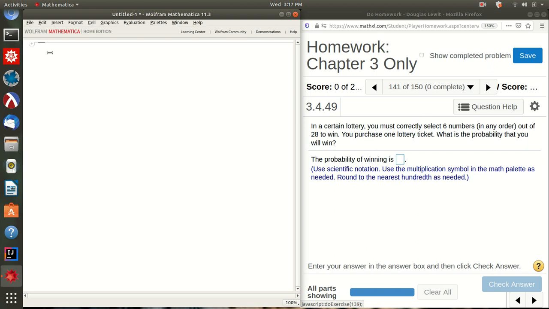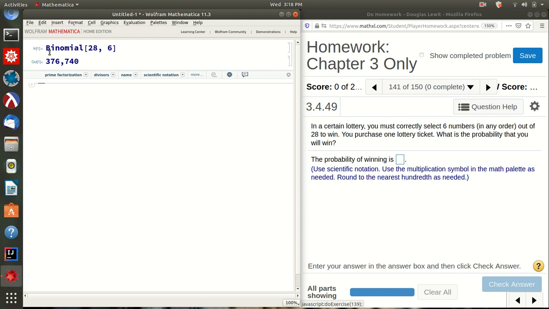The combination function in Mathematica is called binomial. Okay, so binomial, I have 28 numbers and I'm going to choose 6. So we have 376,740 different possible combinations.